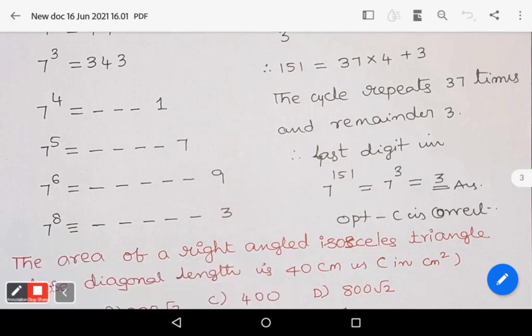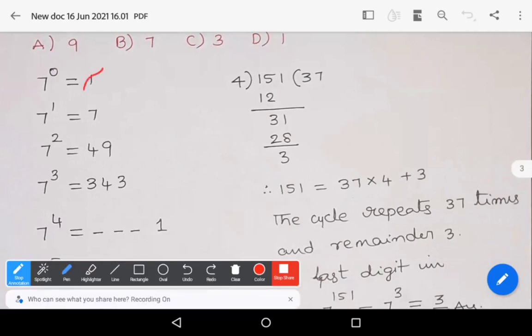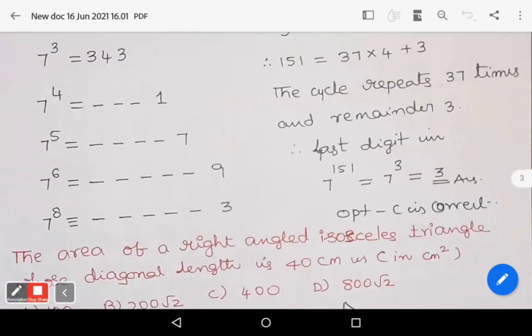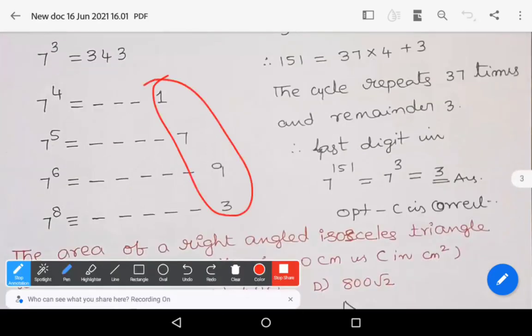Now you observe that the unit digits are 1, 7, 9, 3. Again, the unit digits are 1, 7, 9, 3. It means we get a cycle of 4.